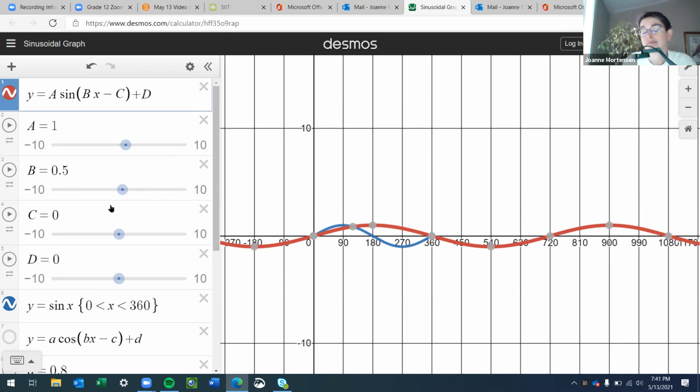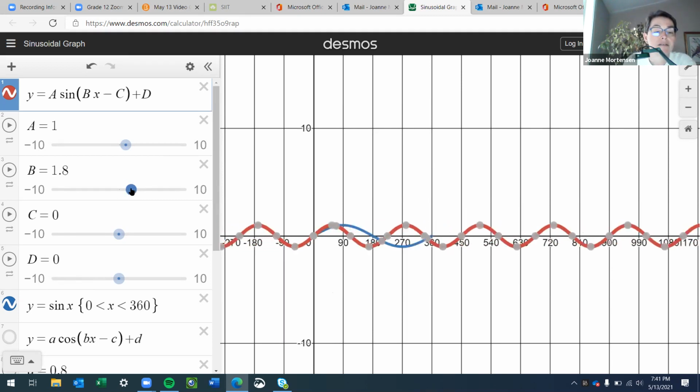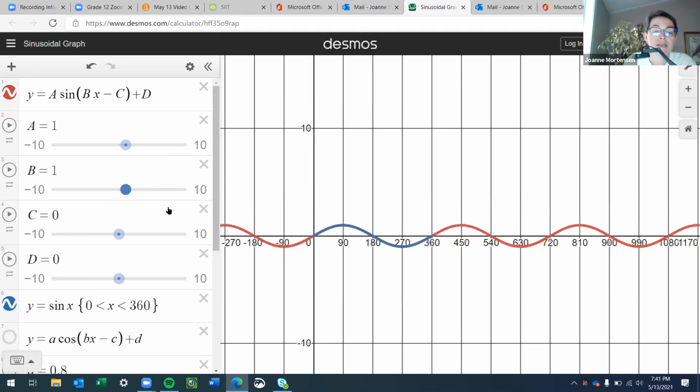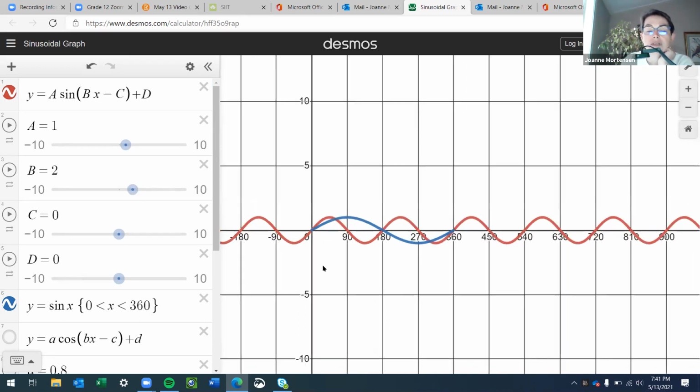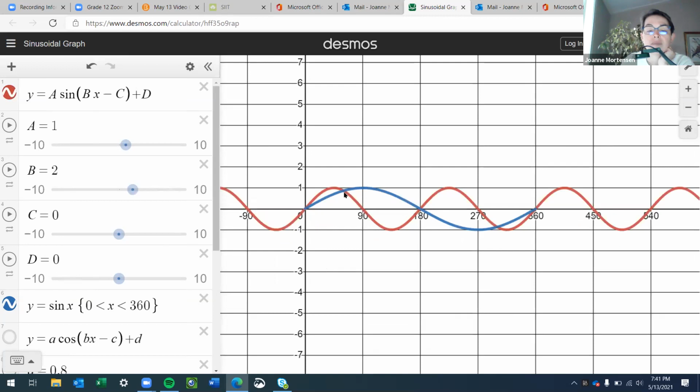But, because I'm that person, let me do this. All right, so if we go to 1, it takes a cycle to get 360. If I set B to 2, look what happens by the time we get to 360. I can zoom in too. There's 1 period, 2 periods.